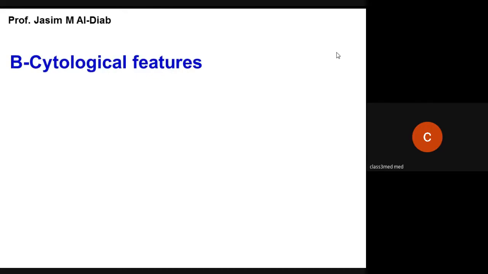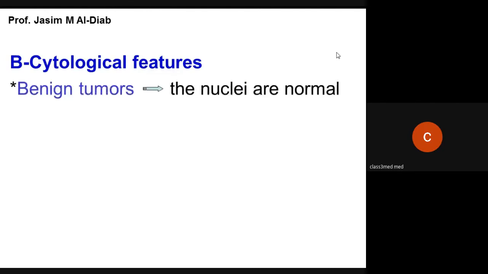Another criteria to differentiate benign from malignant tumor are cytological features. Features in the cell, in the cytoplasm, and in the nucleus of the cell. In benign tumors, generally the nuclei are normal, just similar to the normal cells. Normal nucleus, normal cytoplasm.